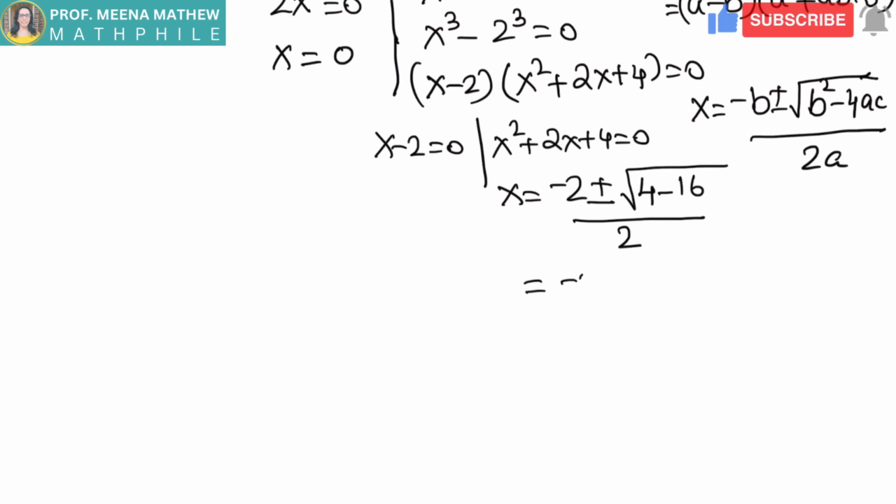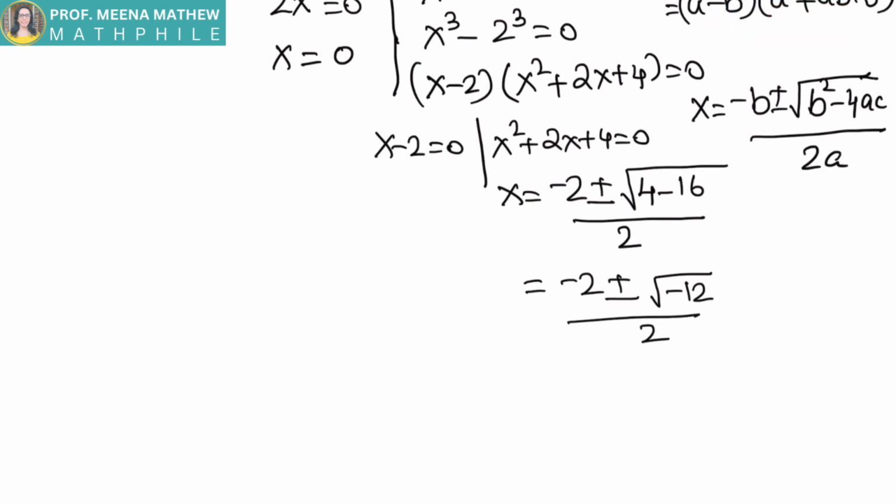Which is negative 2 positive or negative square root of negative 12 divided by 2. Remember, we can simplify this negative 12 as square root of negative 4 times 3, which is 2 root 3.